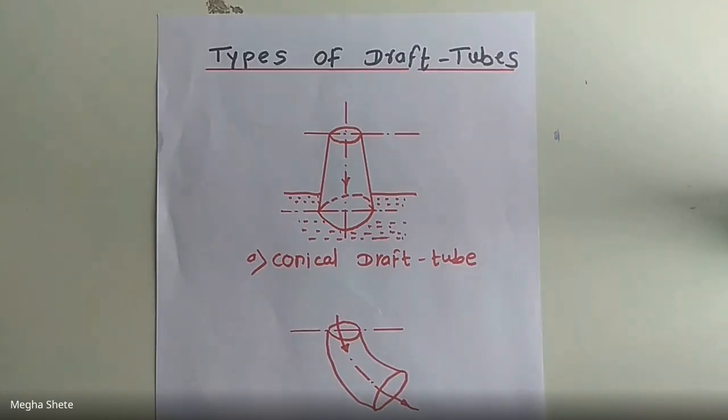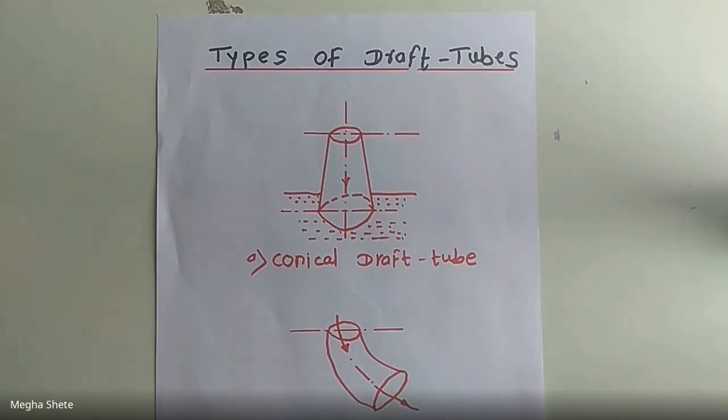The draft tube is a pipe of gradually increasing area which connects the outlet of the runner to the tail race. It is used for discharging water from the exit of the turbine to the tail race. This pipe of gradually increasing area is called the draft tube.